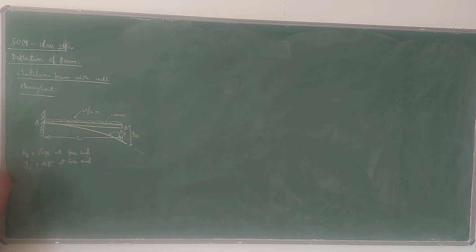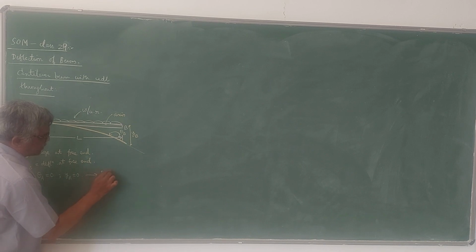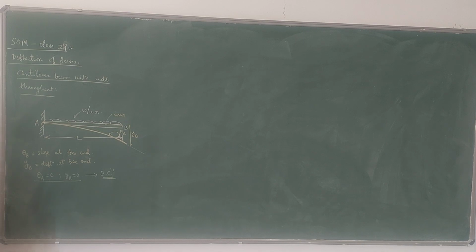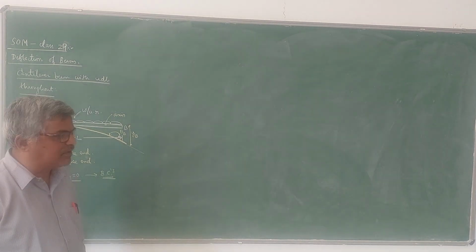At the fixed end, you don't have any slope and deflection. That means theta A is 0, YA is also 0. These are the boundary conditions which we have to use to find the constants of integration C1 and C2.